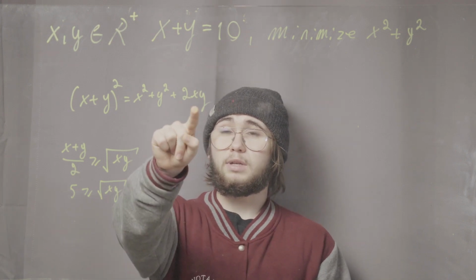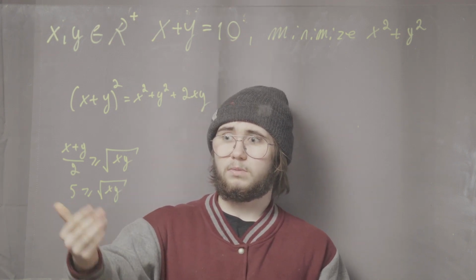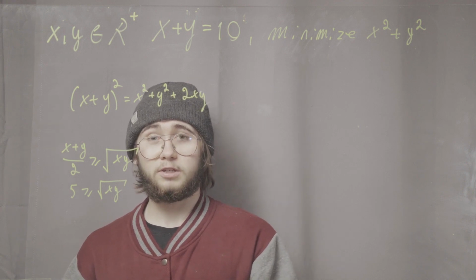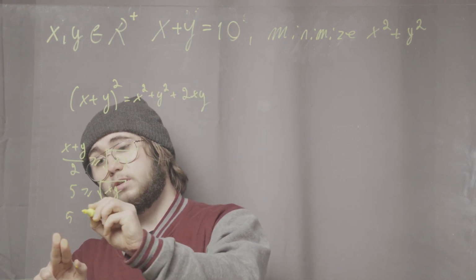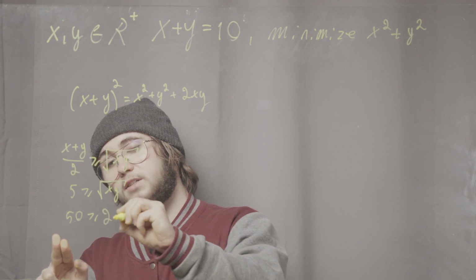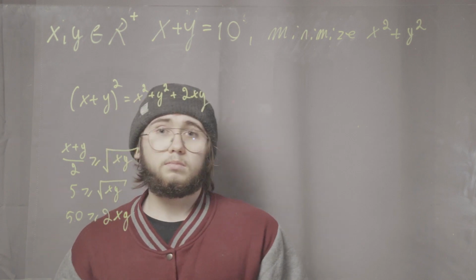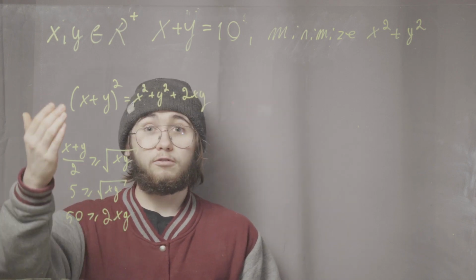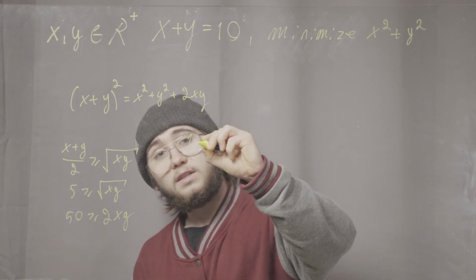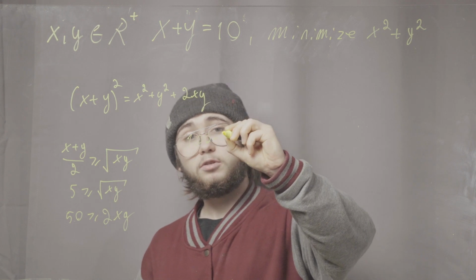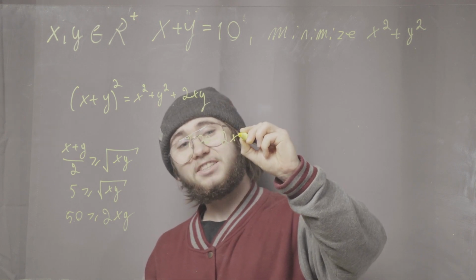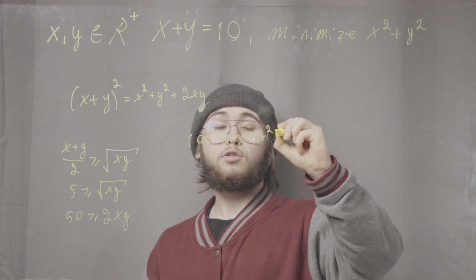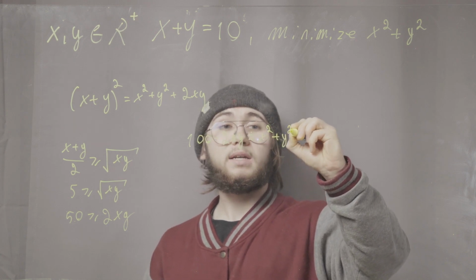And so we're looking for 2 times x times y, so let's square both sides and then multiply both sides by 2. What are we going to get? Well, 50 is greater than or equal to 2 times x times y, yeah? And so we know for a fact that 100 minus 2 times xy is equal to x squared plus y squared.